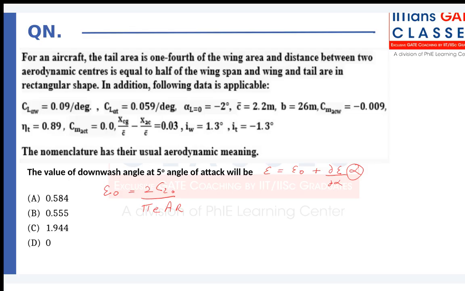Yes. Next is the slope, d epsilon by d alpha. That is 2 CL alpha wing by pi E A R. Now just try substituting the terms.